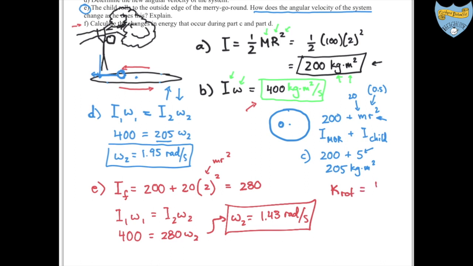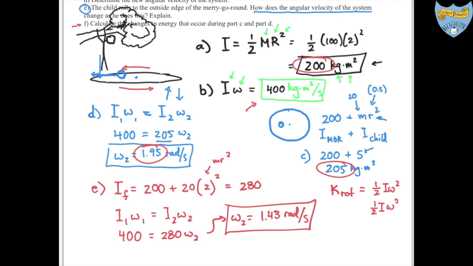What is K rotational at the very start? Plug in the numbers, 1/2 I omega squared. See what you get when I is 200, and omega was 2. And then look at what it is a little while later when the kid has landed on it and it has slowed down slightly.